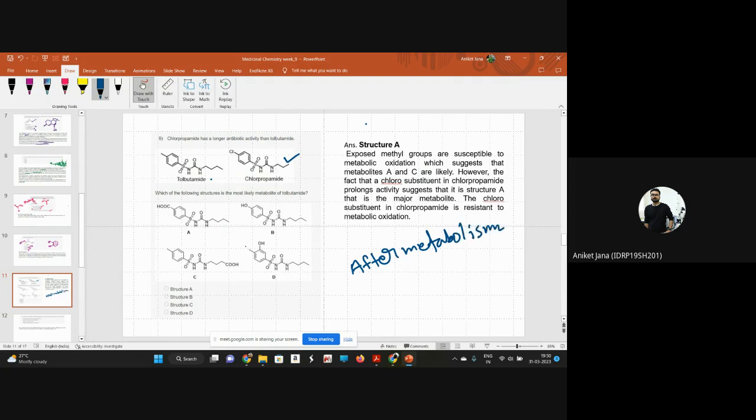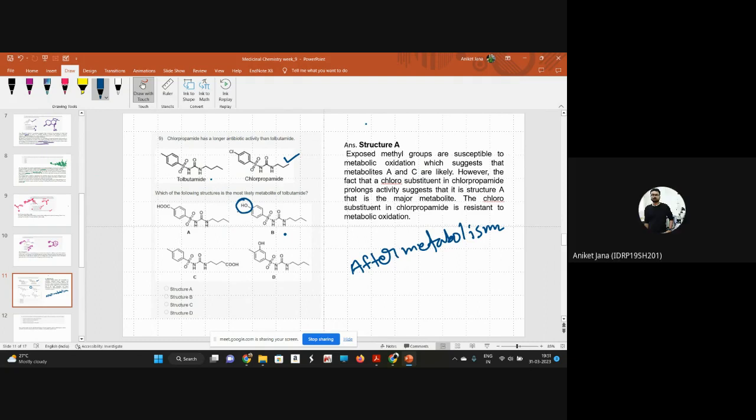Okay, so let's consider this structure. Can it be formed from this one? Here some free CH3 group is there, and here some long alkyl chain is there. So can option B, where the phenolic OH is present here, be the metabolite of this tolbutamide?